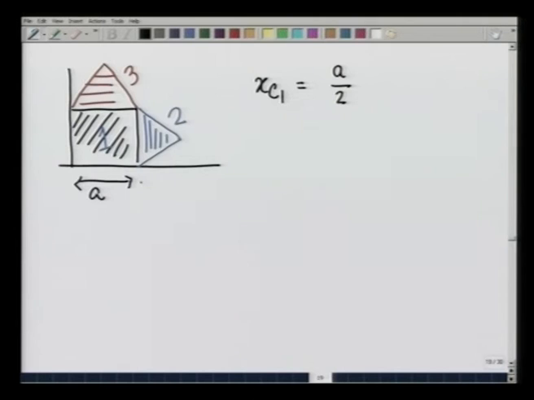Similarly, the height of this triangle, because the side is a, is going to be a root 3 by 2, and therefore x c 2 is going to be equal to a plus the distance of the centroid from the base, which is 1/3 the height, and therefore a plus a divided by 2 root 3.